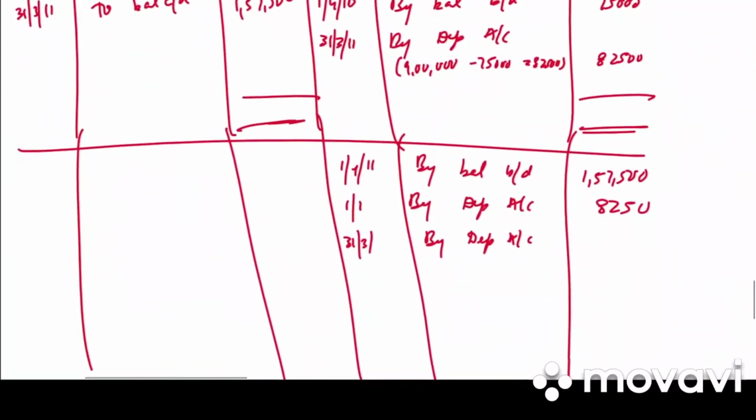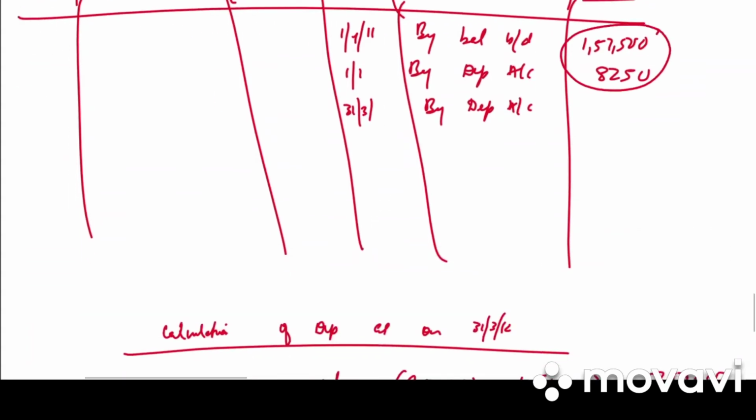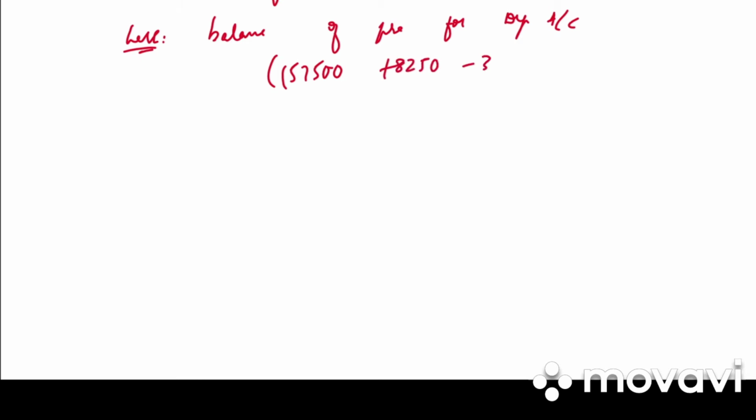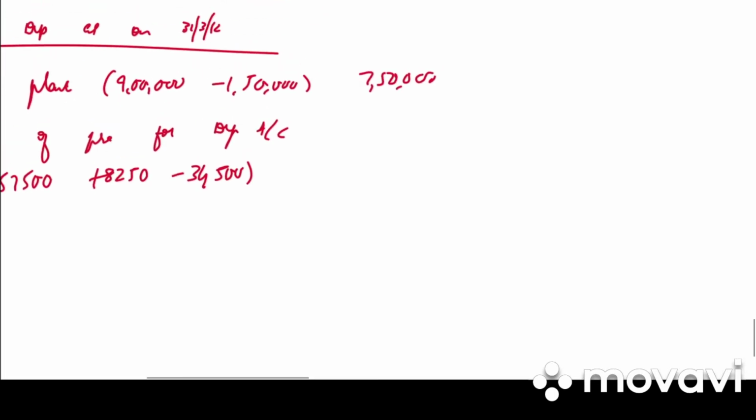Go to your provision for depreciation account. 1,57,500 plus 8,250 minus accumulated depreciation of 34,500. 1,31,250. 6,18,750.